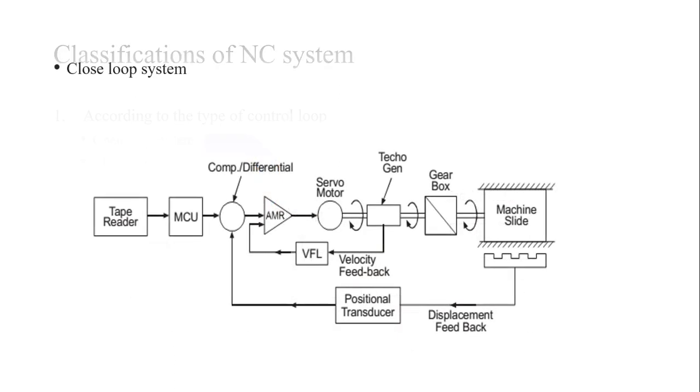Then this is your closed system. It is the same kind of thing. There are a tape reader, MCU, and finally the machine slide gets a motion. There are many varieties of components available, but when you give the machine slide a movement, that movement is sensed, and finally feedback is given to the differential or the MCU, you can say the computer.